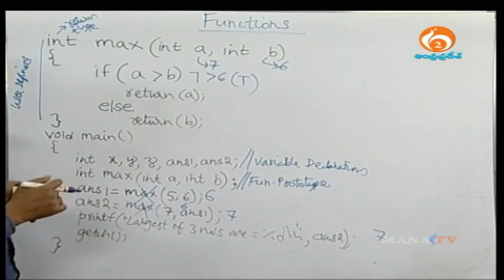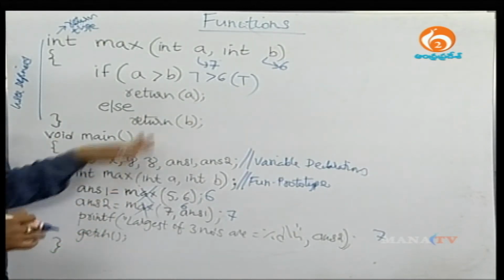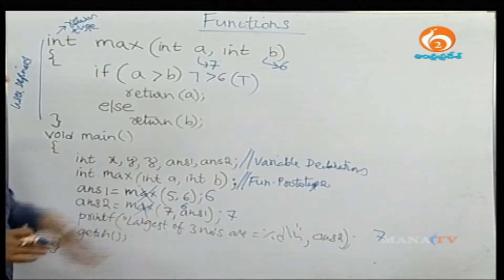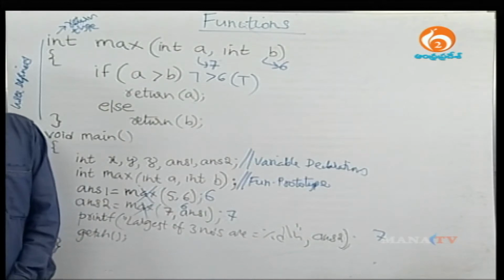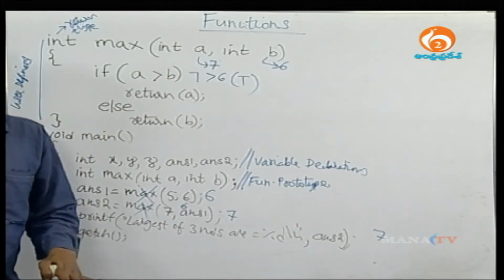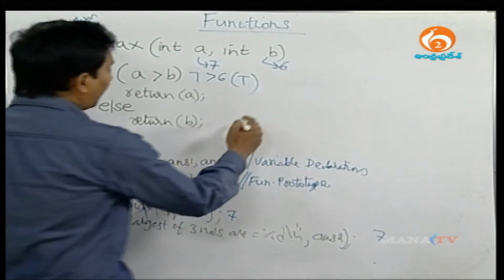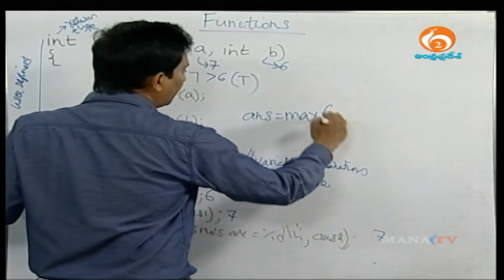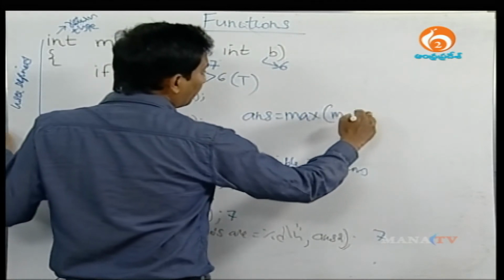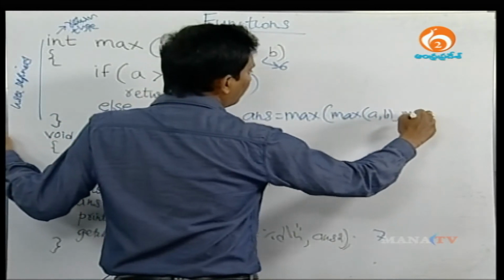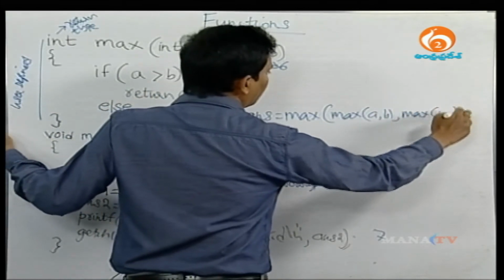So if you want to find out the largest of 3 numbers, but if you want to find out the largest of 4 numbers, how do we use this function? Yes, it is no problem, you can use it. Then you have to write answer equal to max of a comma b comma max of c comma d.